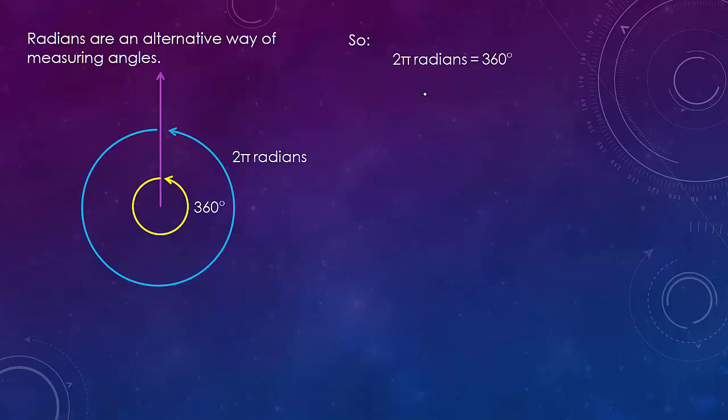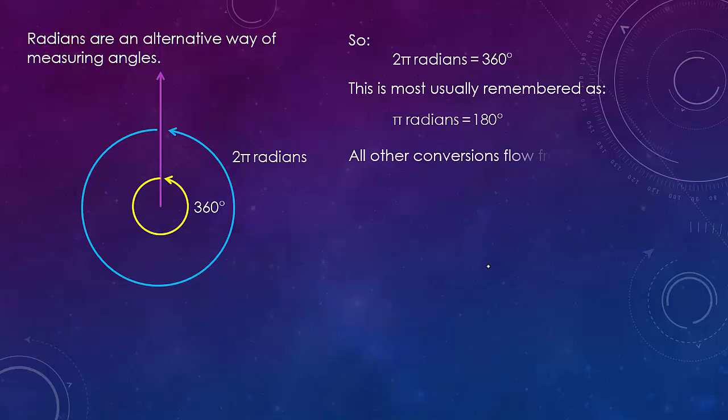So 2 pi radians is equal to 360 degrees. This is most usually remembered as pi radians is 180 degrees, which we get just by dividing by 2. All other conversions flow from this equivalency.